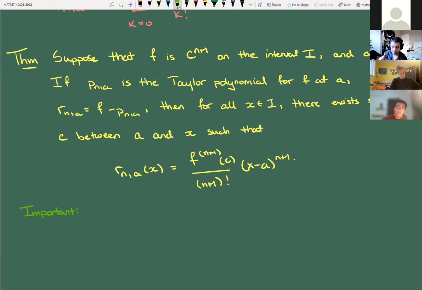Even though f is class C^(n+1), we're only taking the nth order approximation. Maybe I should say Taylor polynomial.